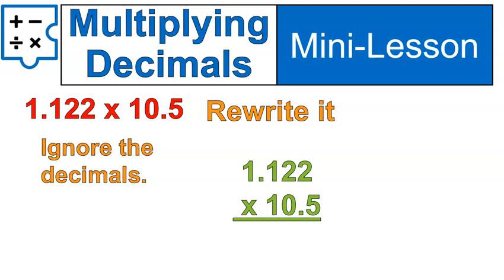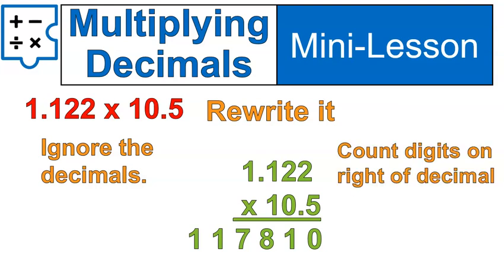Normally, if I was doing this by hand, it would take several steps. I don't have the room for all of that, but what I ended up with was 117,810. But that's not really my answer, right? I'm multiplying 1 times 10. So I can pretty much guess where my decimal is going to go. Let's take a look.